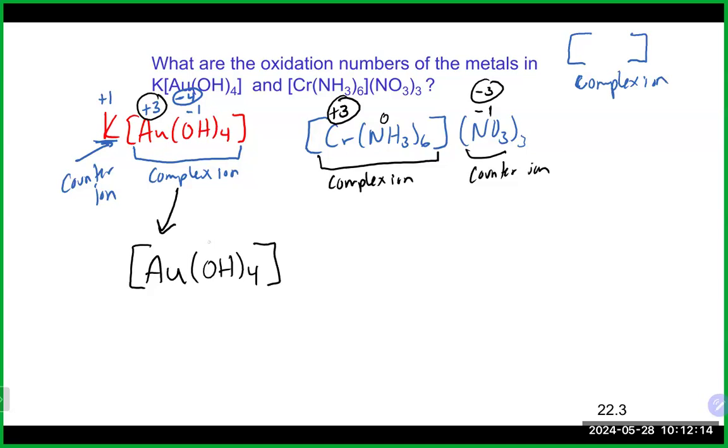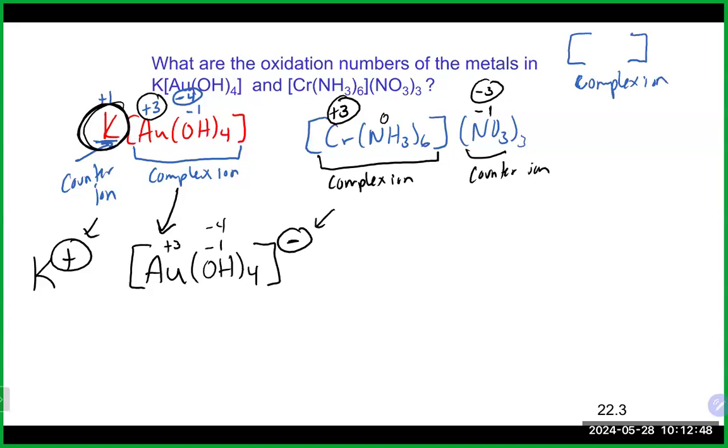It is -1, as this is -1 and that's -4, as we determined that was +3. That means overall here, our complex ion is going to be -1. It is a negative complex ion, and that is why when we look over here to our counter ion, we just need 1 potassium at +1 and -1. That gives us no charge when we put it together. So again, that counter ion is there just to balance out the charge like a normal ionic compound. Any questions on that one there?